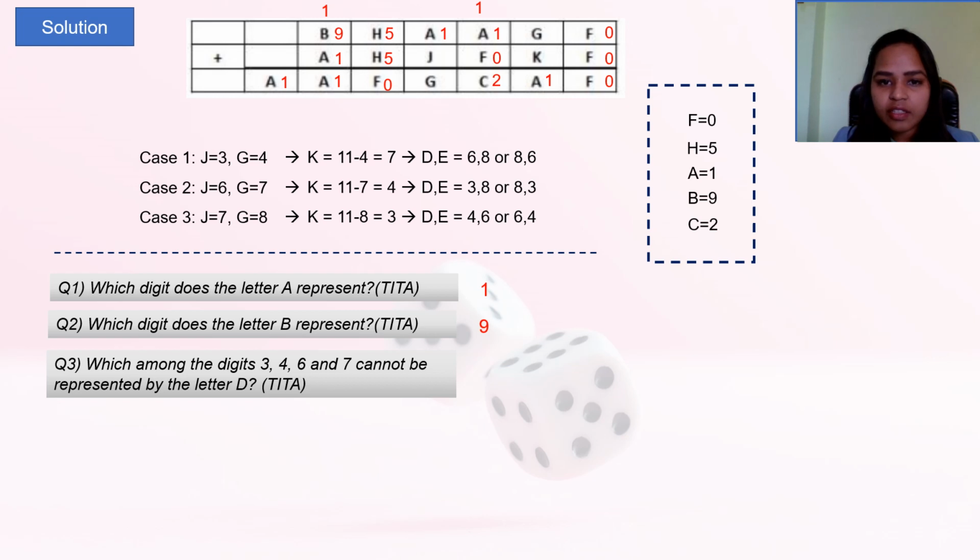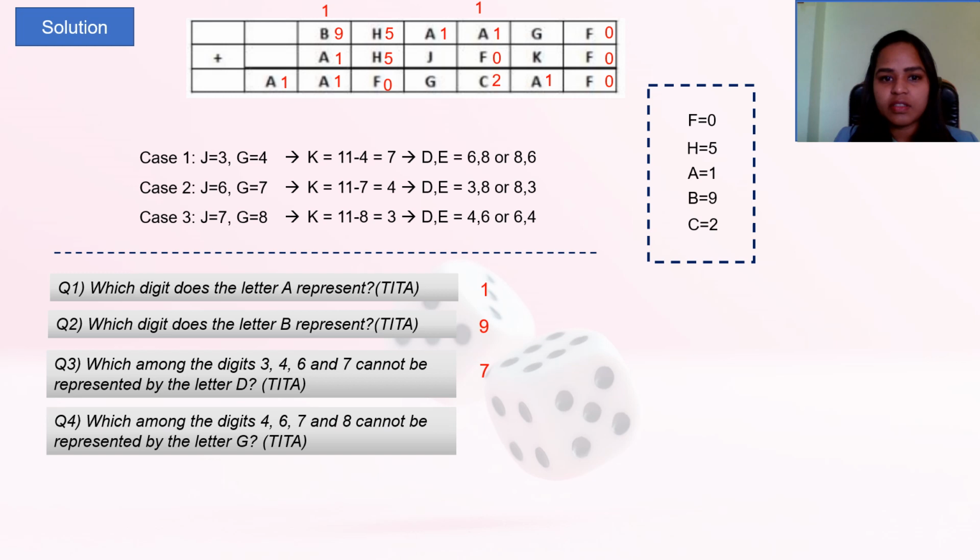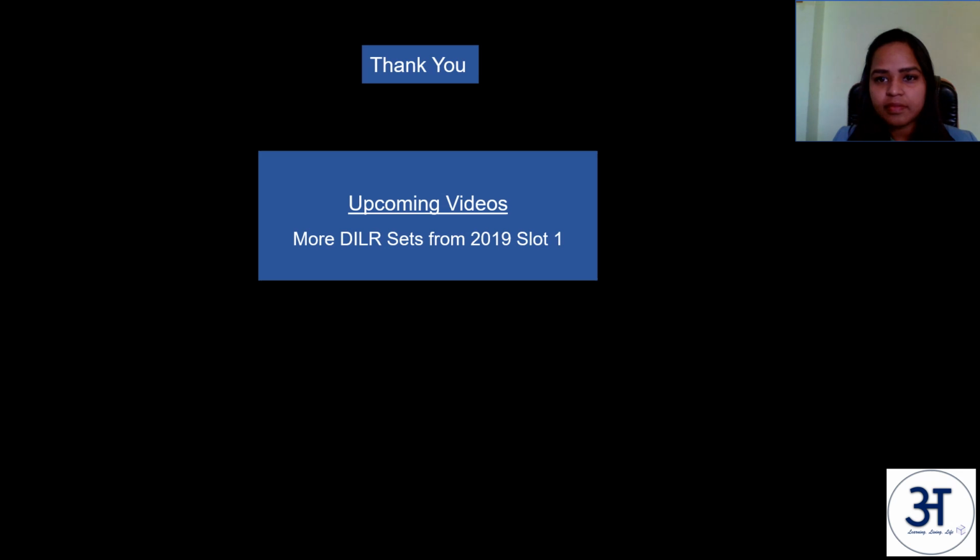So we got letter D as either 6 or 8 or 3 or 4. Except 7, D can represent any of these. Which of the following digits 4, 6, 7 and 8 cannot be represented by letter G? So if you see the case of G, G can represent 4 or 7 or 8. So it cannot represent 6. So these are the answers.